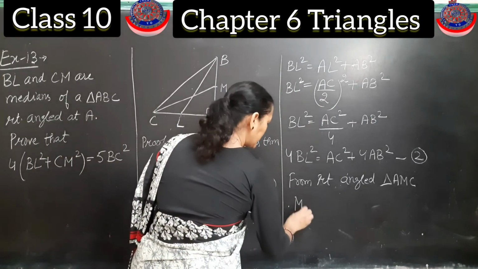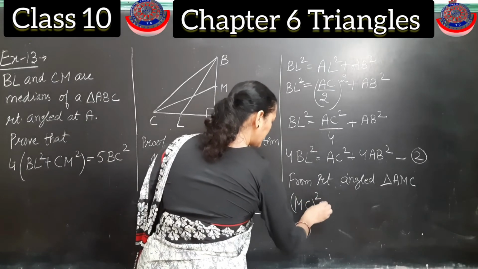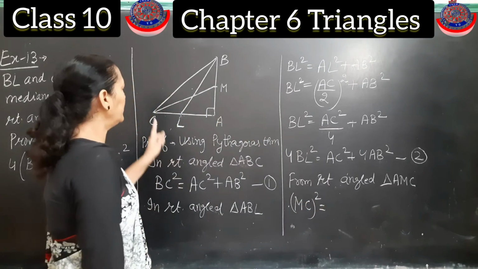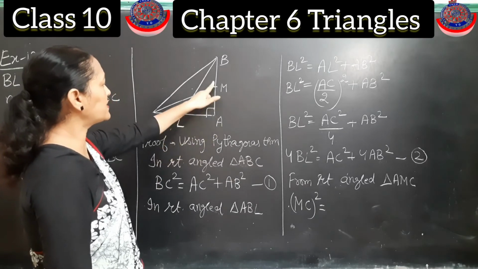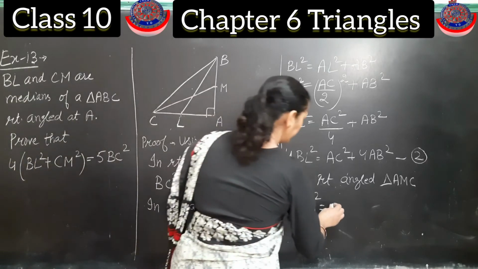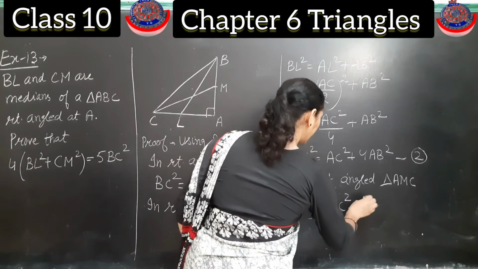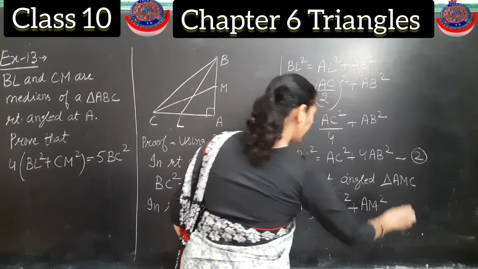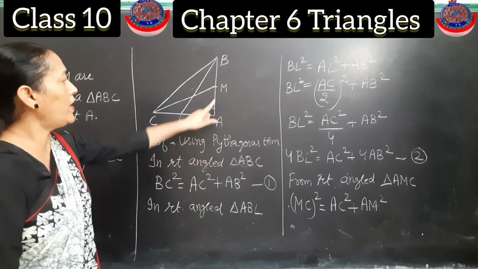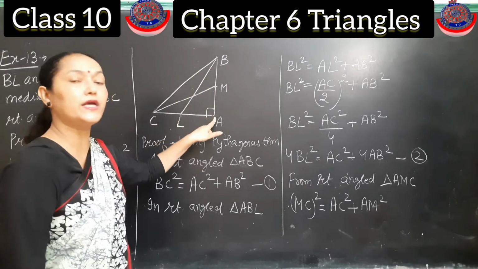So hypotenuse square, MC square, is equal to AC square plus AM square. Now M is the midpoint of AB.